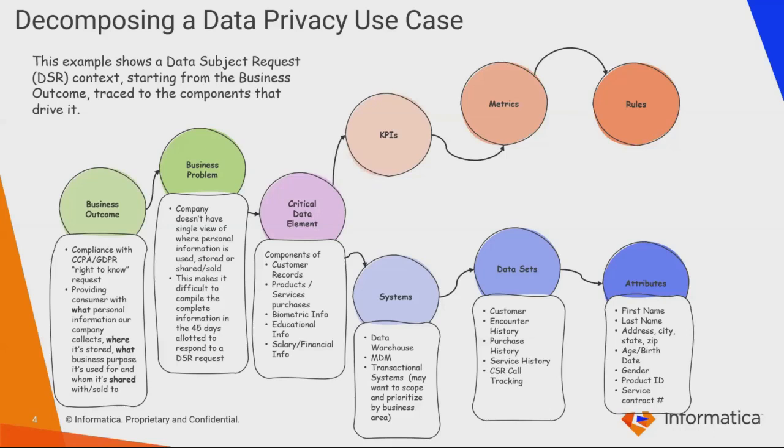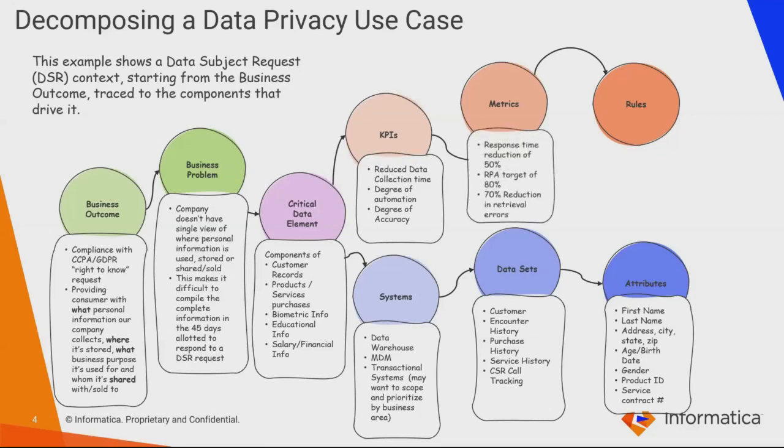Some KPIs that you'll be looking to measure as part of this process are reducing the time to collect the data, and the degree of automation that you can support. So if you can very quickly collect all this information without manual intervention, that's going to be critical. And of course, accuracy. You don't want to be retrieving the wrong records for an individual. That can feed into one of these metrics.